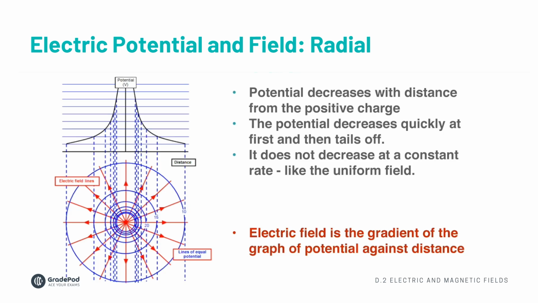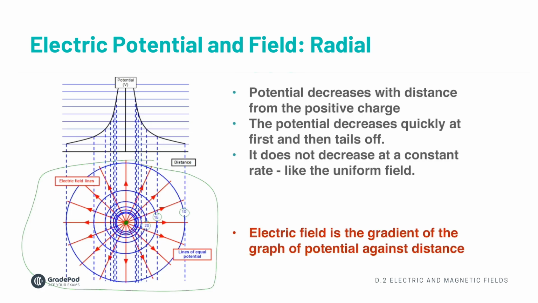This looks a little bit more complicated. Let's go straight to this diagram here, and you'll recognise this as a positive charge in the middle, and we have these red electric field lines pointing radially outwards. I've shown the equipotential lines, and you can see we've got some values for potential there as well.